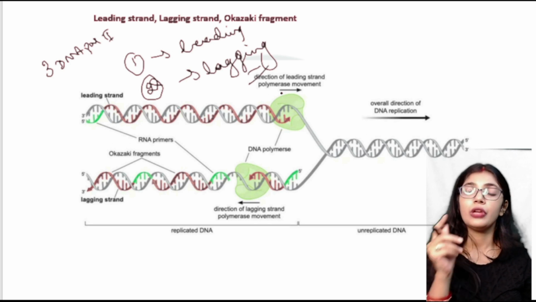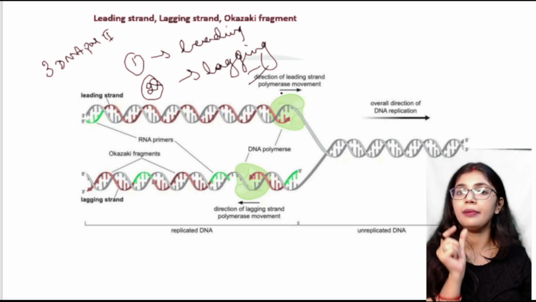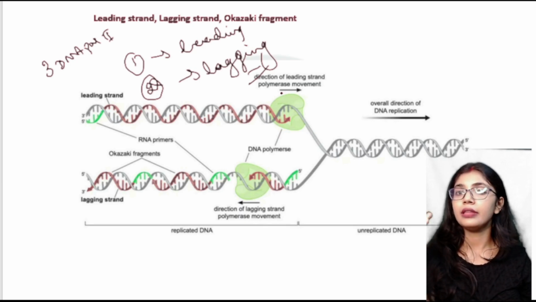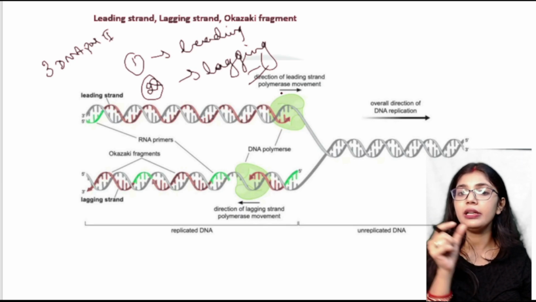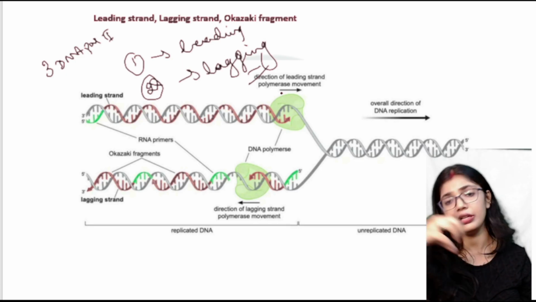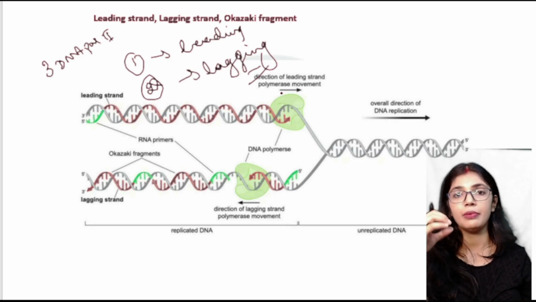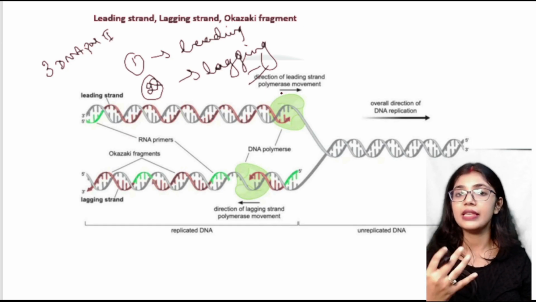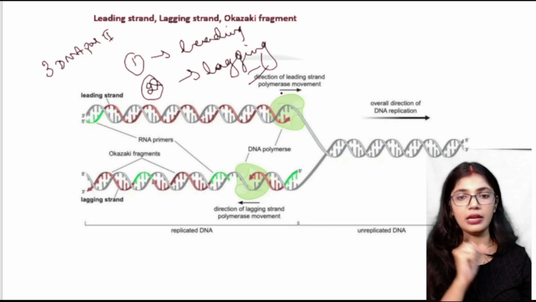In the case of the lagging strand, there are multiple fragments, like Okazaki fragments, so there is a need for multiple DNA polymerases. When one subunit is working, before it is displaced, the other subunit can come and synthesize the other part of the DNA fragment.